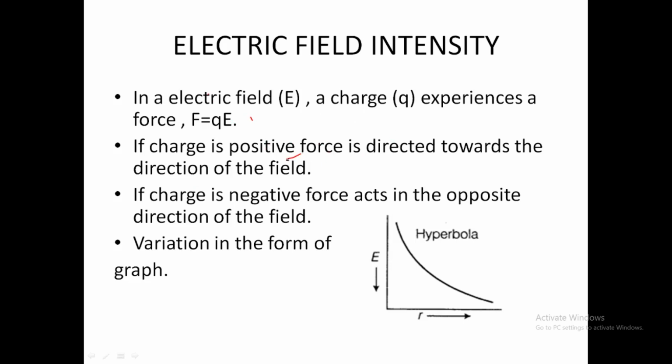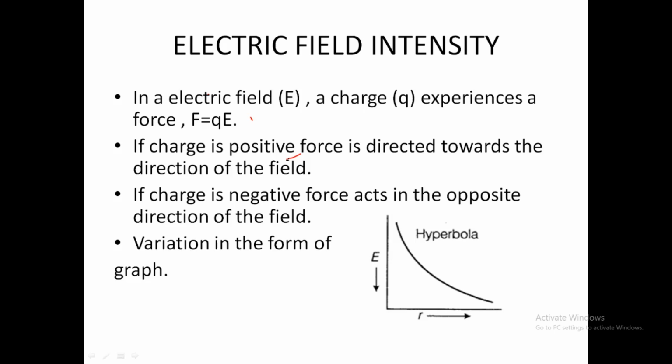If the charge you have taken is a positive one, the electrostatic force so developed will be towards the direction of the field. In the case of a negative charge, the force developed will be away from, or opposite to, the direction of the field.